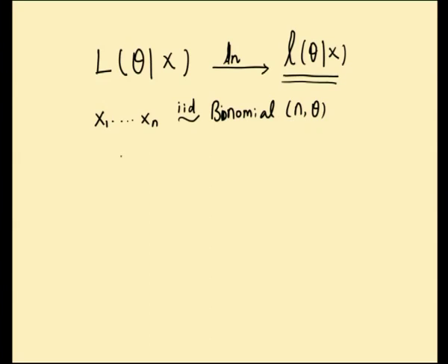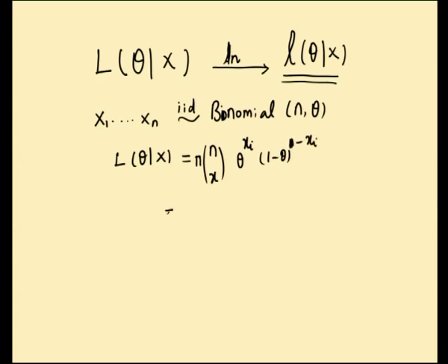The simple idea is, if I have the likelihood L of theta given x, after getting the Bernoulli form, we have the product form, theta power xi times 1 minus theta power 1 minus xi.